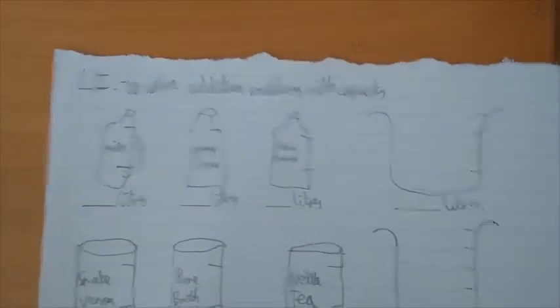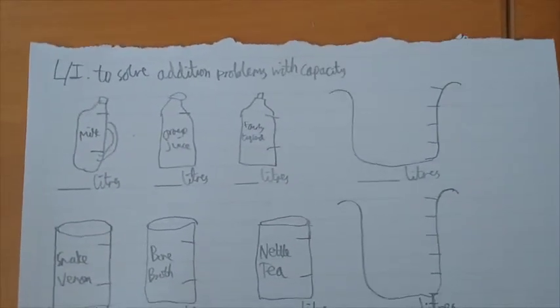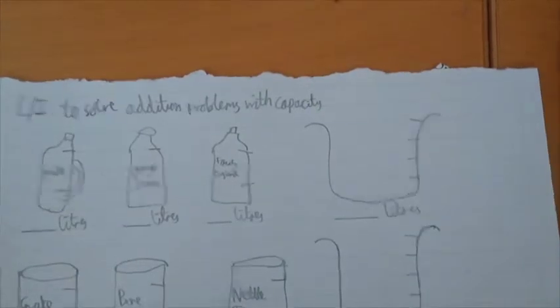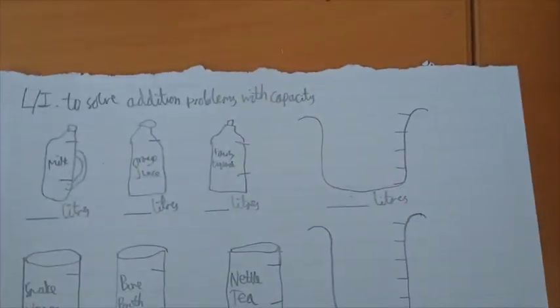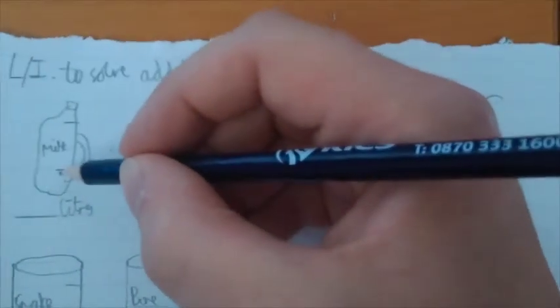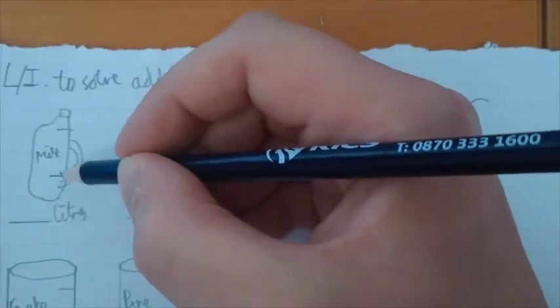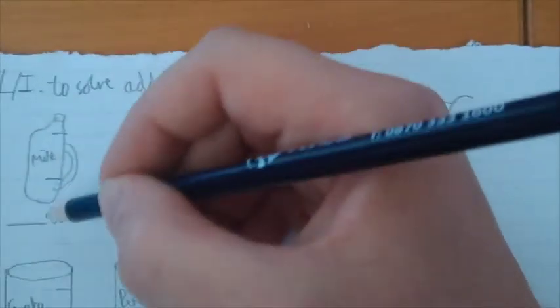So we have some potion recipes for our addition problems with capacity. I'm going to go through this first potion with you. As you can see, we have milk, and I'm going to count the dashes, which indicate the litres. 2 dashes means 2 litres.